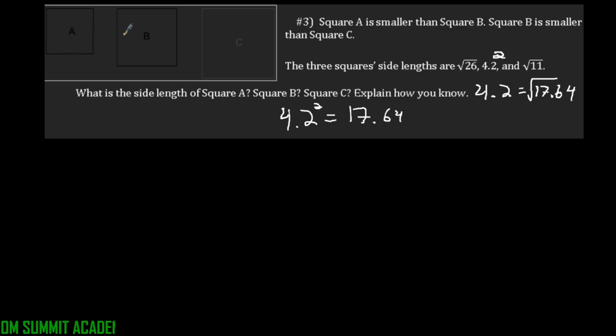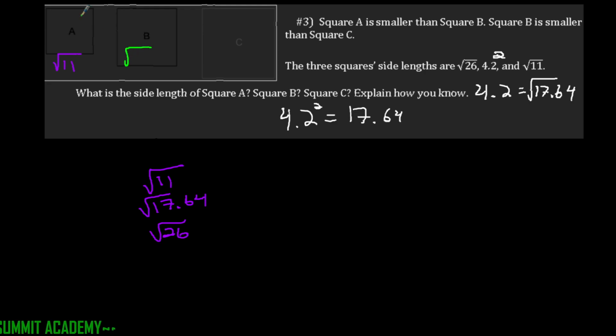Well, I know A is less than B, which is less than C. So if I look at square root of 11, square root of 17.64, and the square root of 26, I know that's going to be the order. So A is going to be square root of 11. B is going to be square root of 17.64, which is 4.2. And lastly, C is going to be the square root of 26.